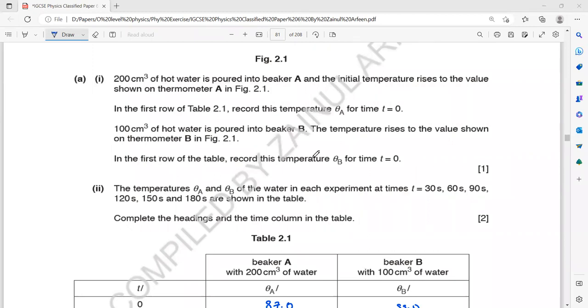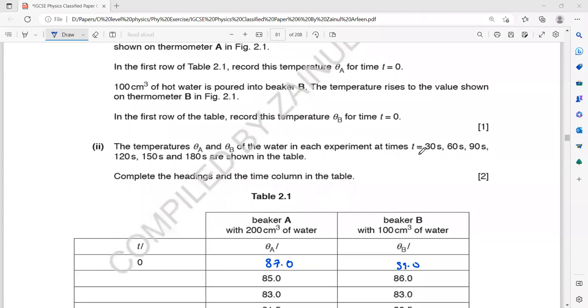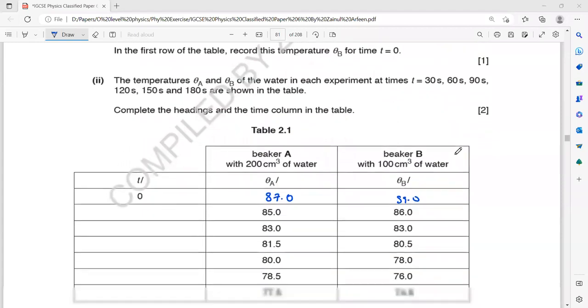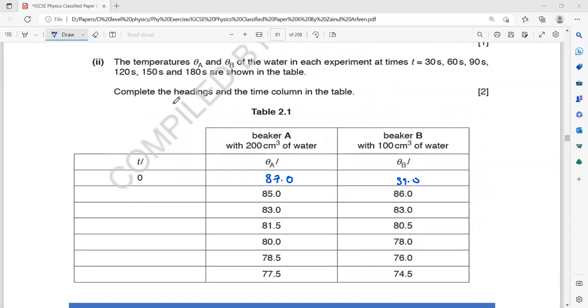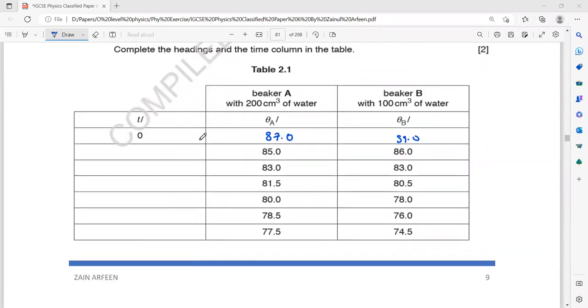The next one: the temperature was recorded for 30, 60, 90 and so on, and complete the column heading. Column heading means the units. What is the unit of time? Second. And the unit of temperature? Degrees Celsius. And then you have to complete the time column.